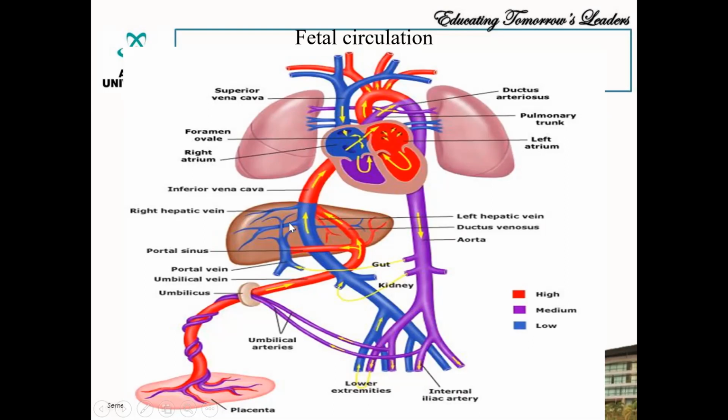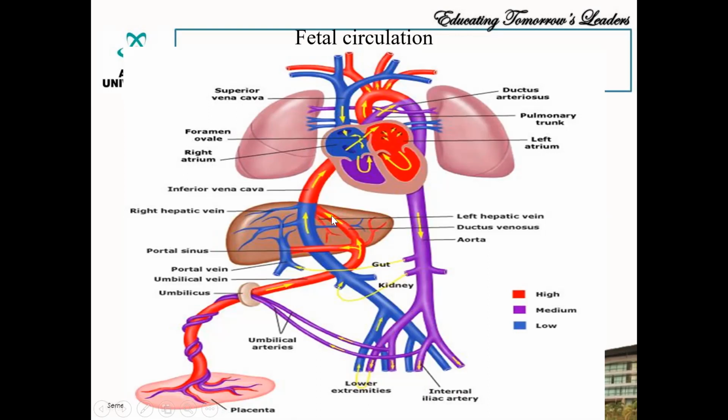But before joining the inferior vena cava, it will give a branch called the portal sinus. That one branch will be giving oxygen supply to the liver of the baby. So in a baby, the liver is the one part which will be getting 100% oxygenated blood.